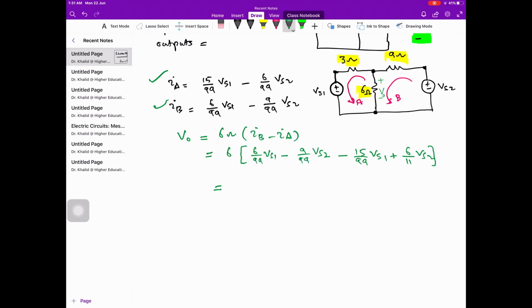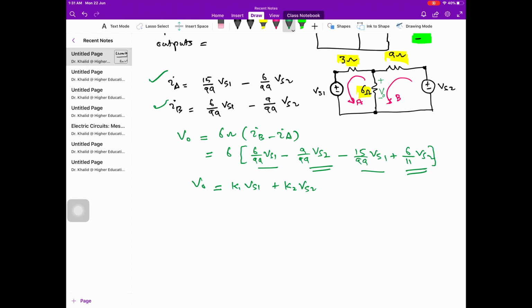Again, to save time, we see that we have VS1 and VS2. There will be some coefficient of VS1 and some coefficient of VS2.